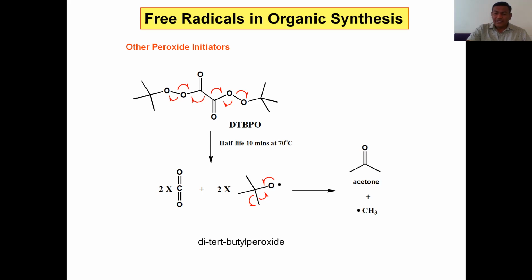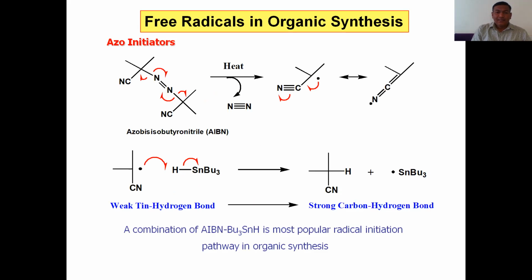We'll see the next one also. I think I have collected more than 4. Yes. See, this is again the famous initiator called the azo initiator, named AIBN. Okay, AIBN means azo bis isobutyronitrile. You see, the actual structure is very simple, but when you hear the name the first time you feel it is difficult, but this is a very interesting structure.